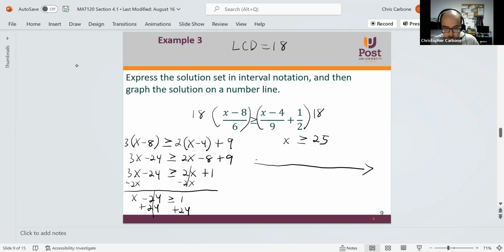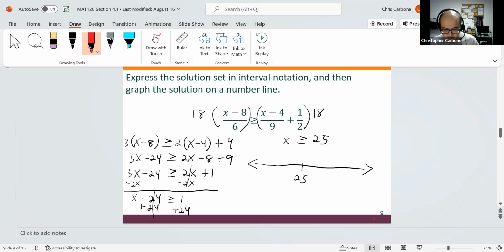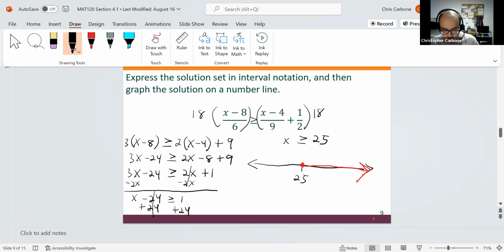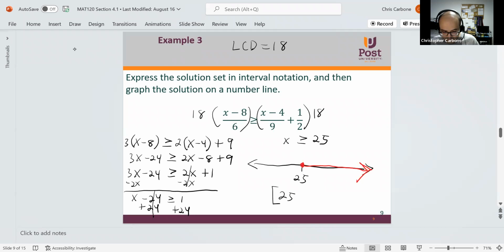As a number line, starts at 25. We would have a closed dot on 25 and shade it to the right. And then in interval notation, this would be a bracket, 25, and then positive infinity.